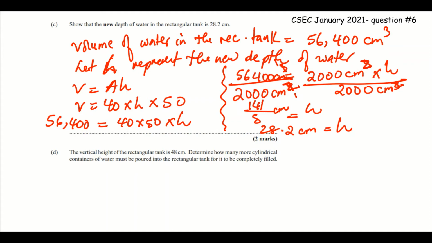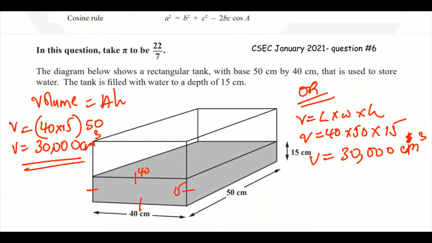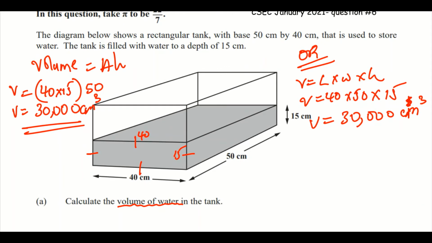It's telling us straight out that the vertical height of the rectangular tank is 48 centimeters. So it's not the water now, the entire distance here is 48.